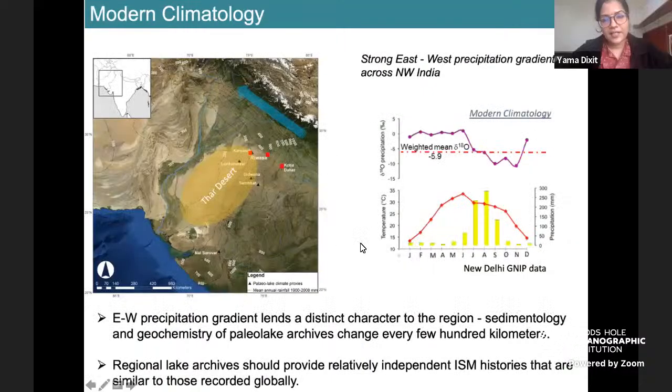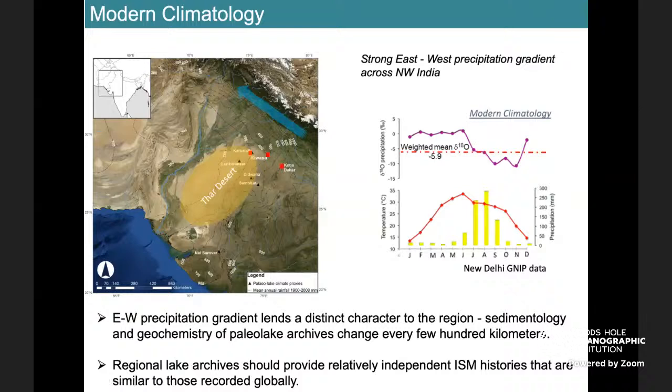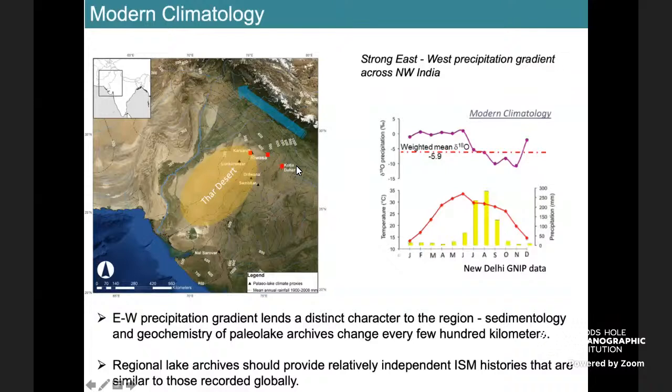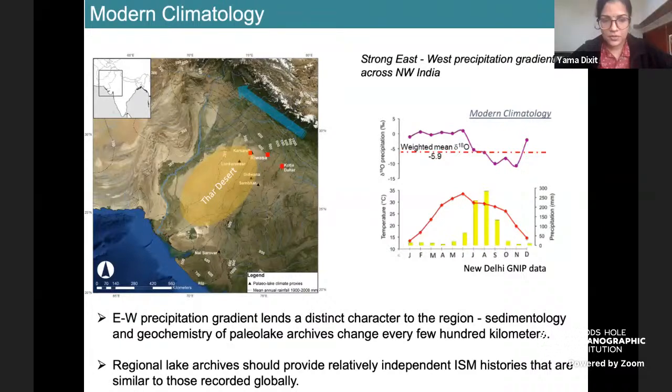This region has a very strong east-west gradient, such that the moisture coming from the Bengal region gives it a distinct character, and the sedimentology and the geochemistry of the sediments in the soil change within a few hundred kilometers. This is not usual in other regions. For example, in the core monsoon zone in central India, it won't change so rapidly, or at that rate, within a few hundred kilometers.